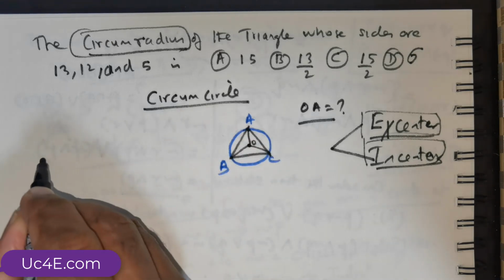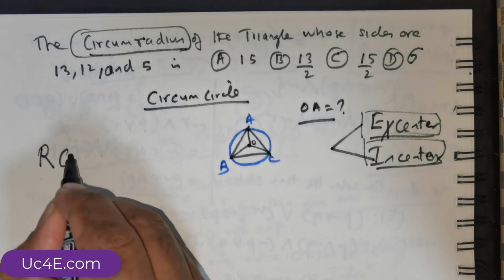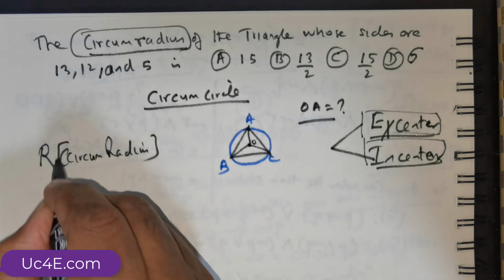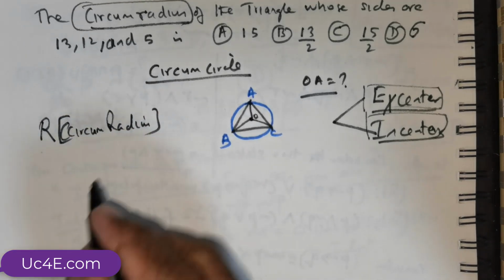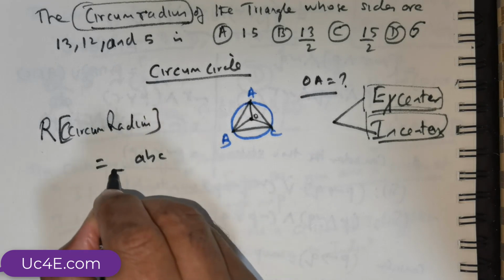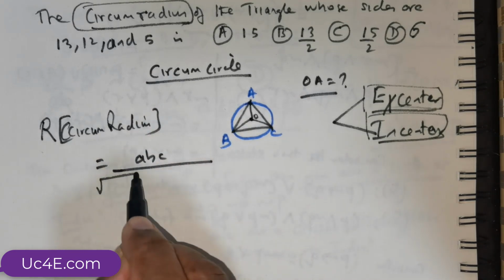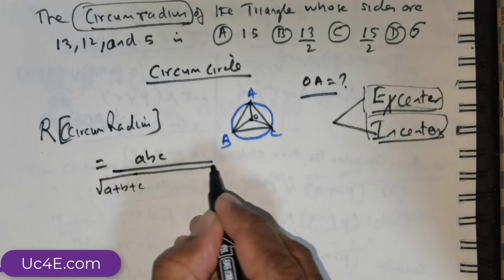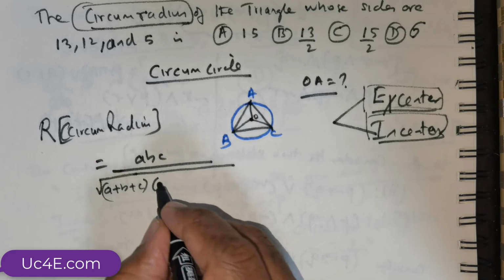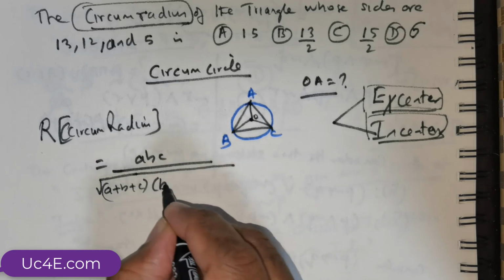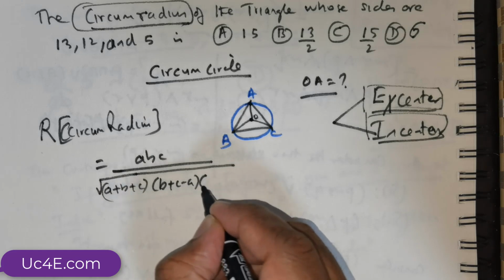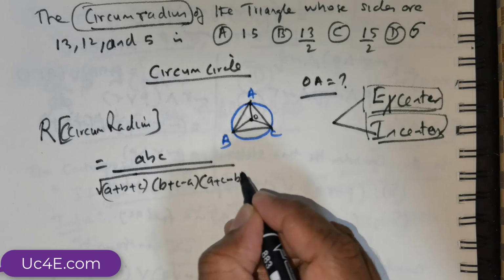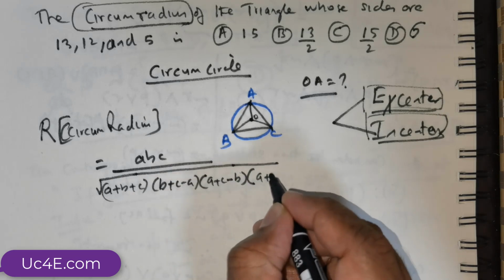Now this is a formula. This circumradius is given by the formula ABC divided by the square root of (A plus B plus C) multiplied with (B plus C minus A) multiplied with (A plus C minus B) multiplied with (A plus B minus C).